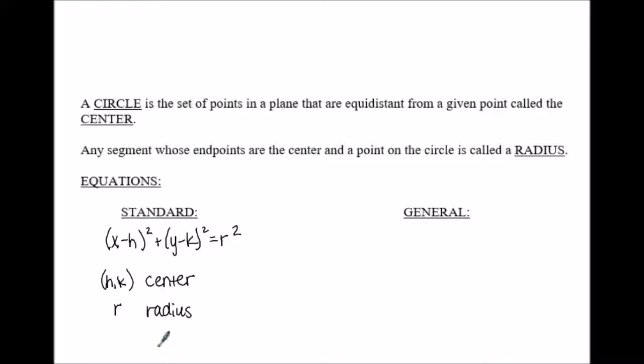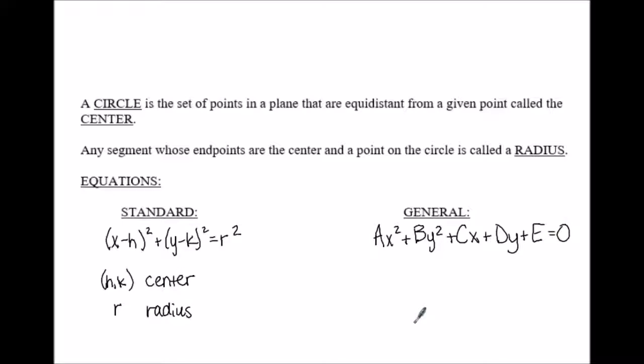The general equation is a bit more complicated. You would have ax^2 + by^2 + cx + dy + e = 0.